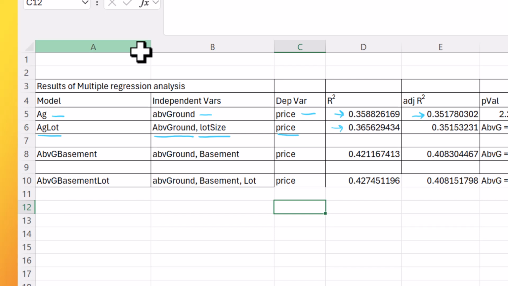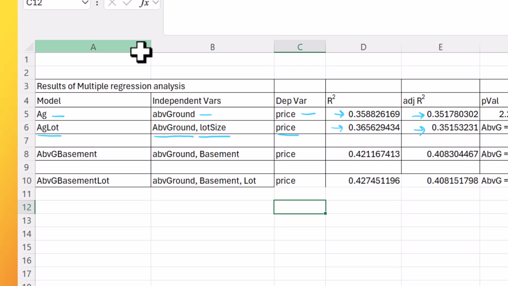You will notice in this case, however, that my adjusted R squared, and I have to go up quite a few digits here, has actually come down. It went from 0.3517 to 0.3515. Now that's only off by 2/10,000ths.